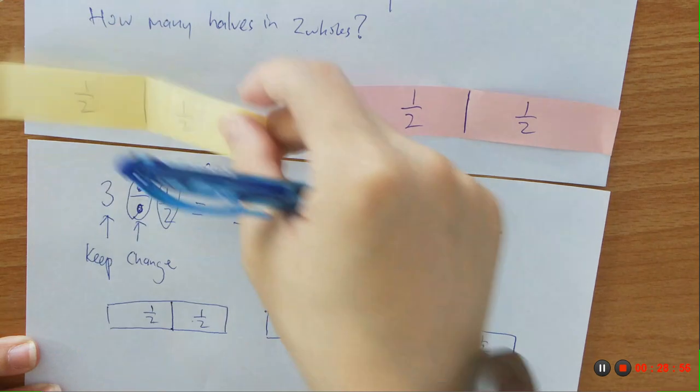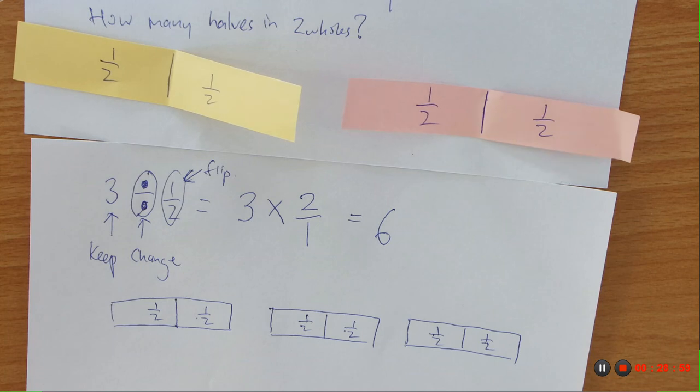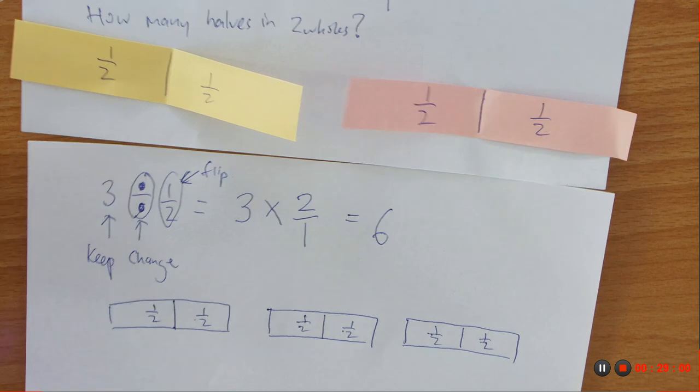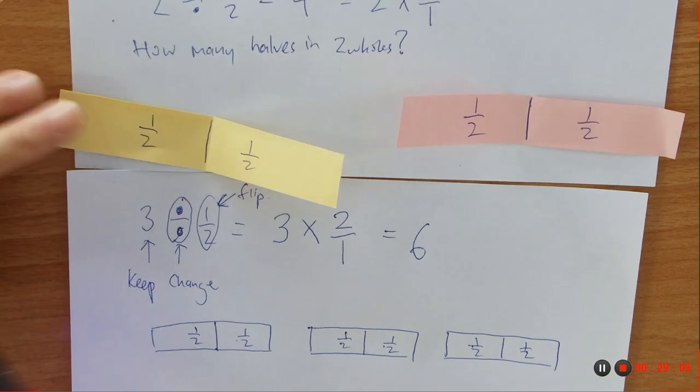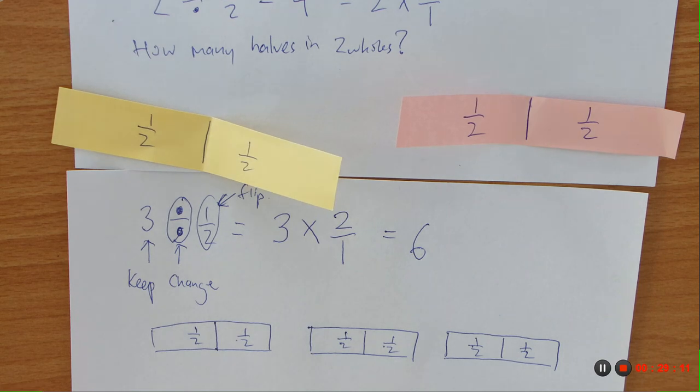Very good. Have you generalized already? No need, I will draw already. I think no need the strip anymore. I can draw 1 whole, 2 wholes, 3 wholes, 4 wholes.